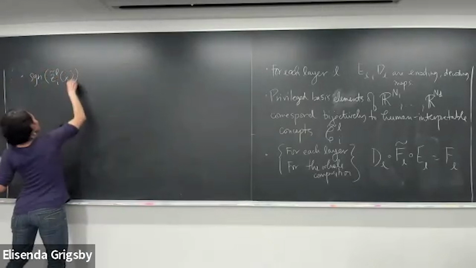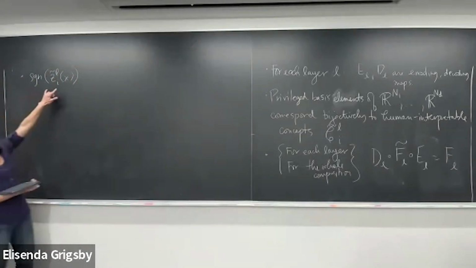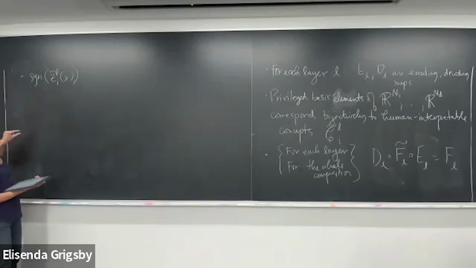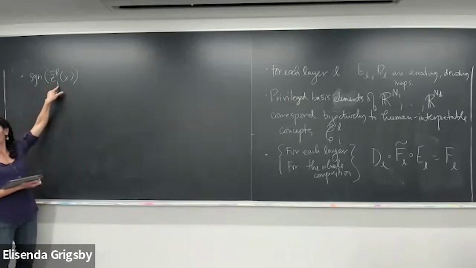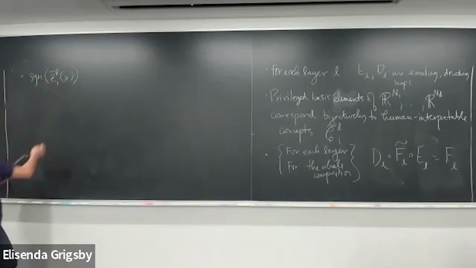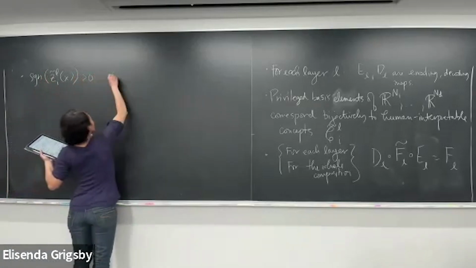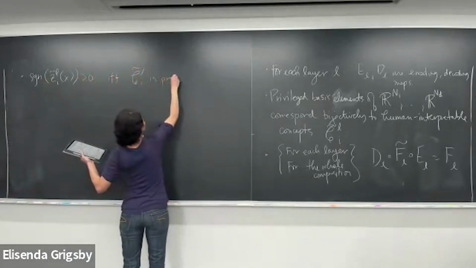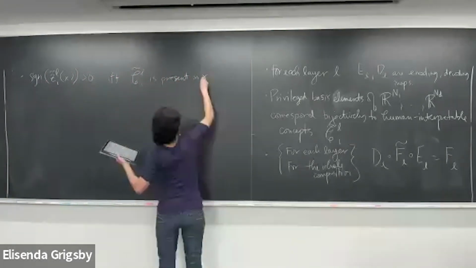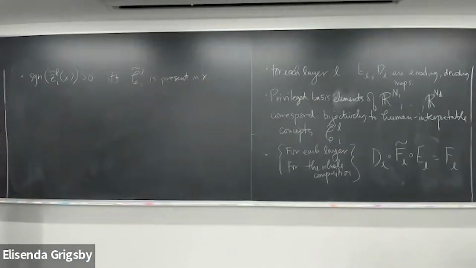Here I'm being a little relaxed about my notation, but the point is that if you have a data point and you map it up into this disentangled network, and then you map it over, that's what I mean. Then you project onto the ith neuron in the alpha layer. That's what I mean by z tilde Li of x. And you want this to be greater than 0 if and only if this concept is present or active.